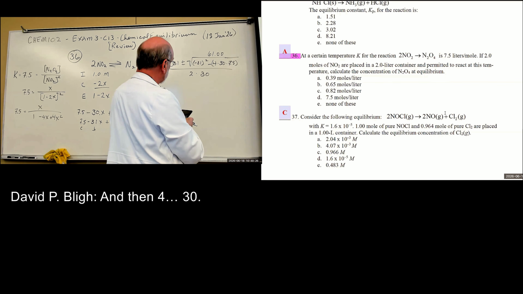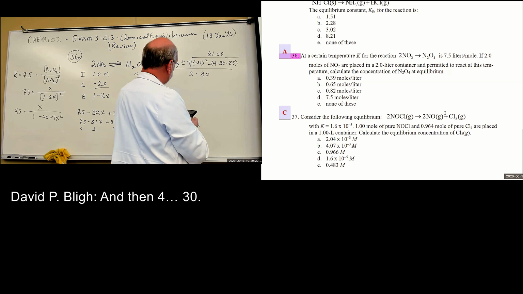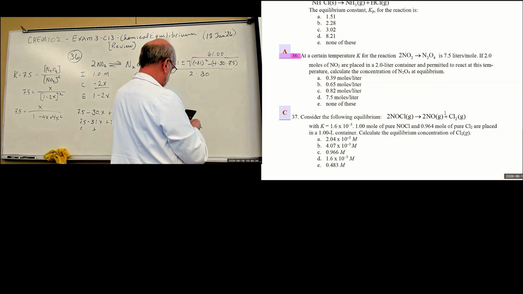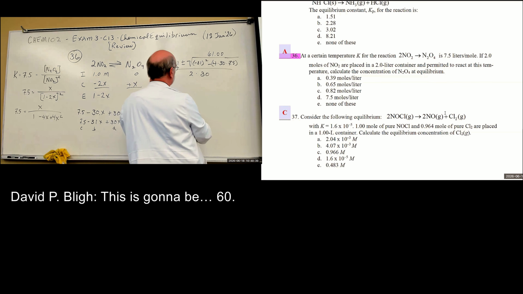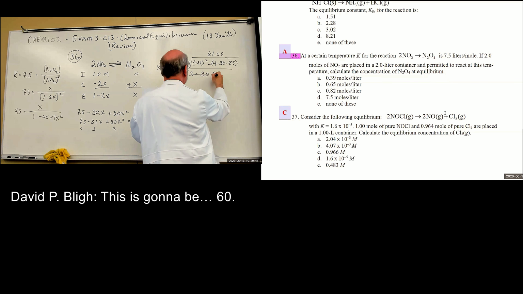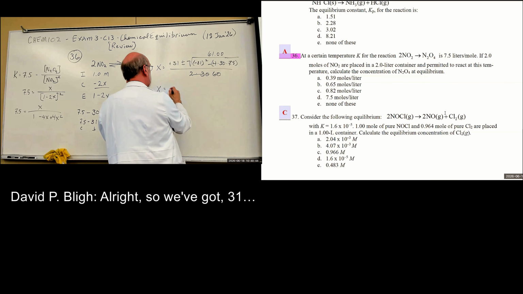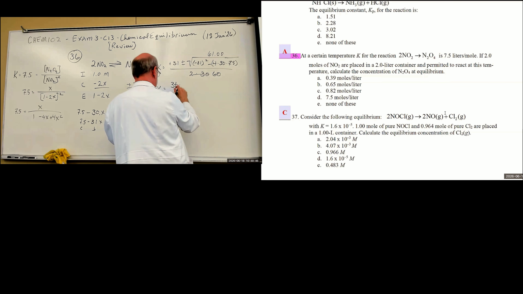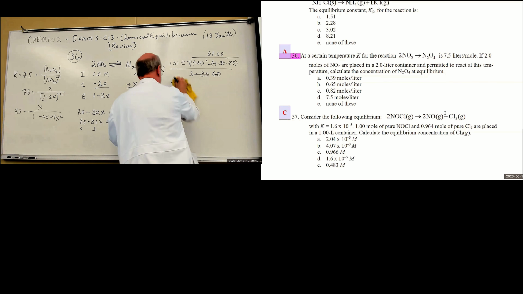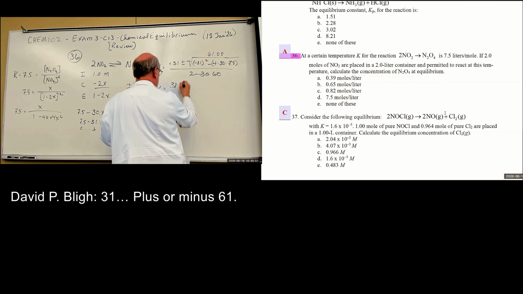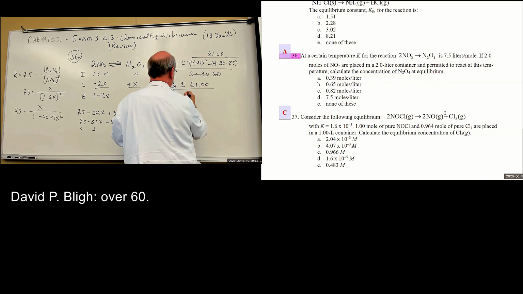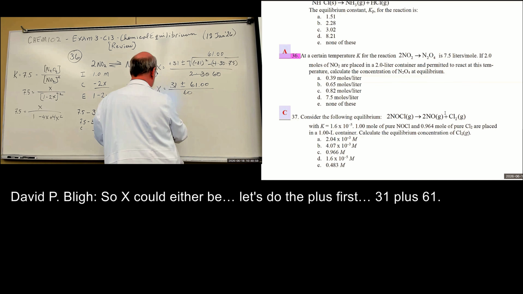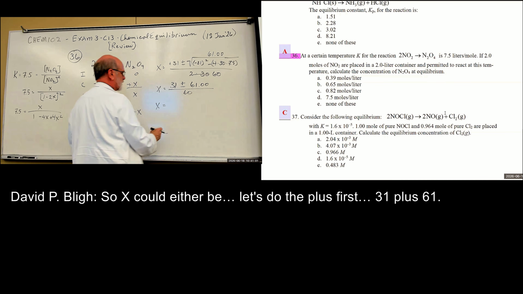And then 4, 30, 7.5, and subtract. 61. Okay. This is going to be 60. All right, so we've got 31 plus or minus 61 over 60. So x could either be, let's do the plus first.